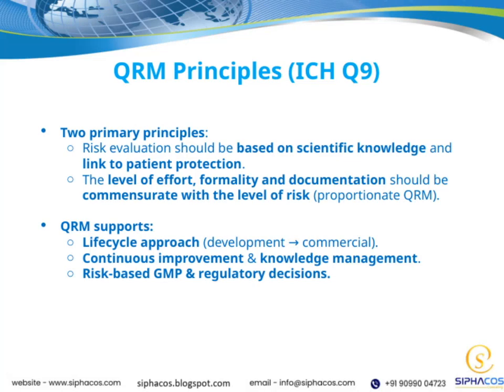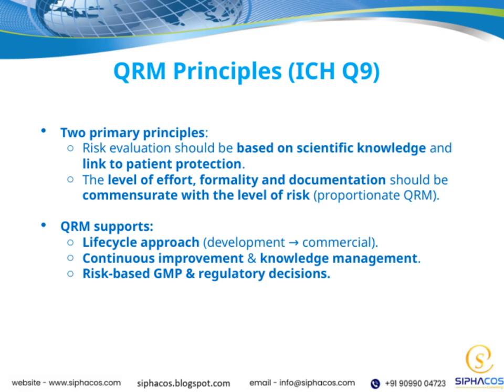Now, let's look at the two primary principles that guide our approach to risk management. First, risk evaluation should always be grounded in scientific knowledge and should be directly linked to protecting the patient. This means that our assessments are not just based on assumptions, but on solid evidence, ensuring patient safety remains at the forefront.